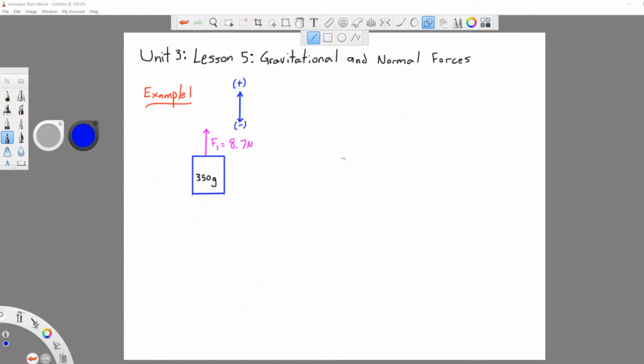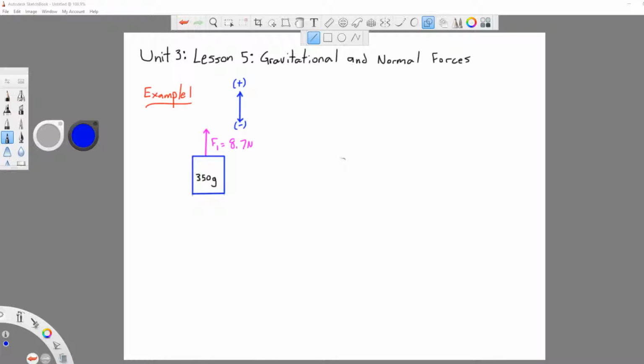Weight, on the other hand, is actually a value that represents force. Weight is given by the formula we can see at the top of the page under the heading force of gravity. Weight is equal to mass times little g, which represents the acceleration due to gravity.